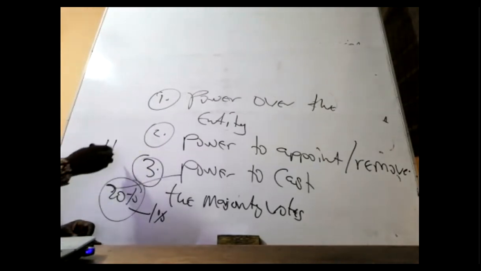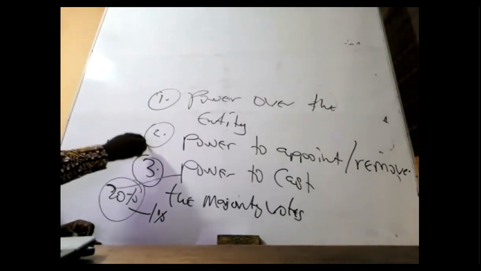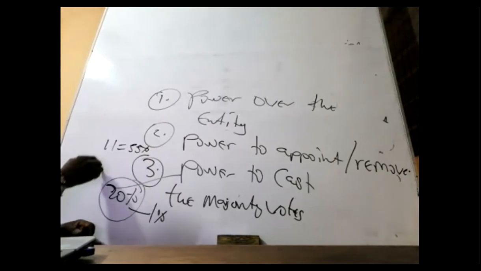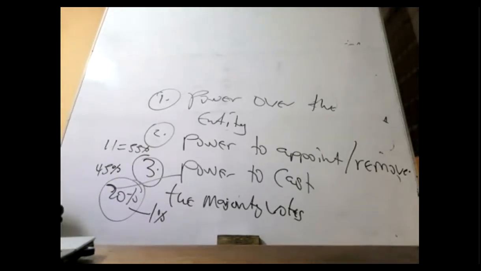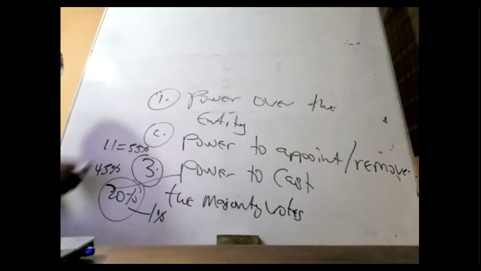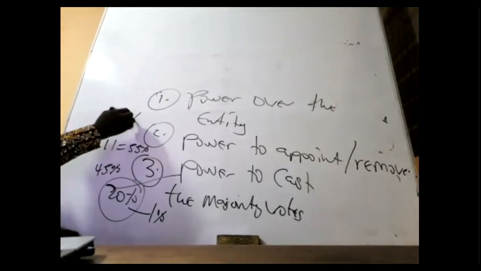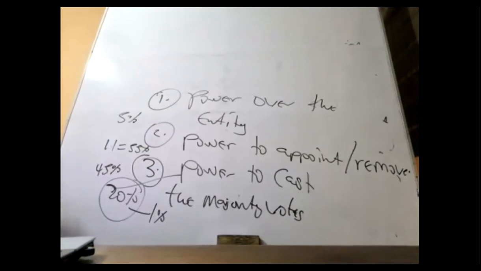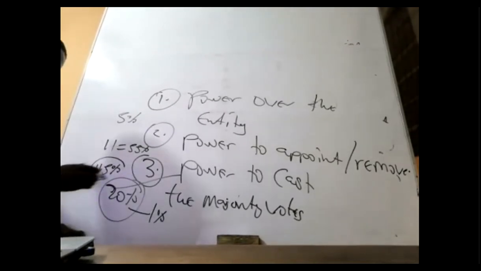Each of them owns 5%, so together they have 55%. Me alone, I have 45%. Individually I have more than each of you. So I'm begging you, let's agree so that I will prepare consolidation, okay?